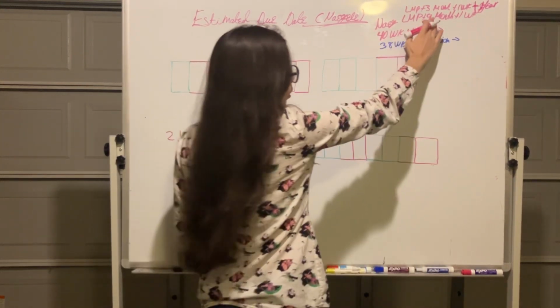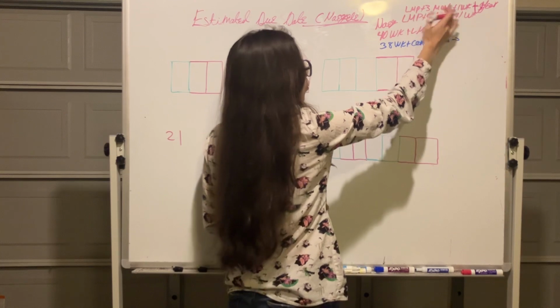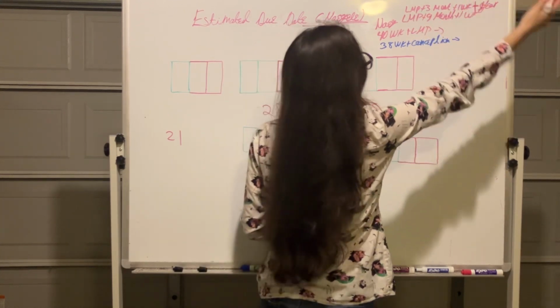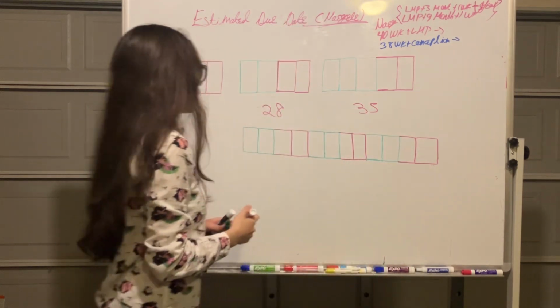So last menstrual period plus 9 months plus 1 week, or last menstrual period plus 3 months and 1 week, and then we add a year. This is the same.